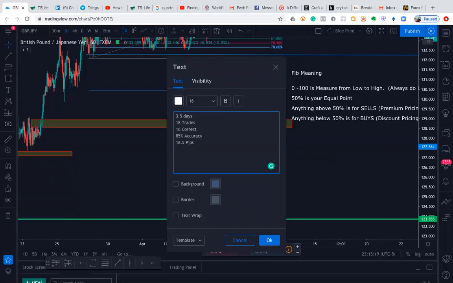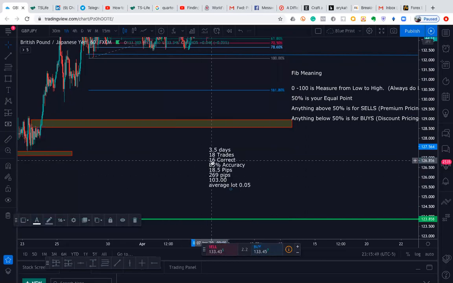I got a total of 269 PIPs, and I made a total of $103 with an average lot size of 0.05. That's what I did last week.